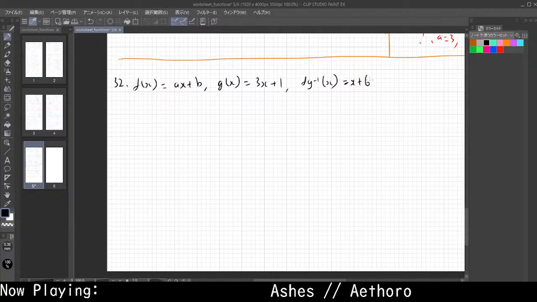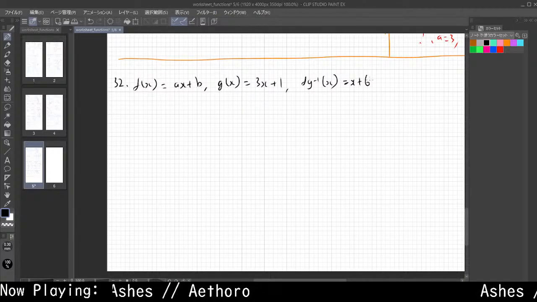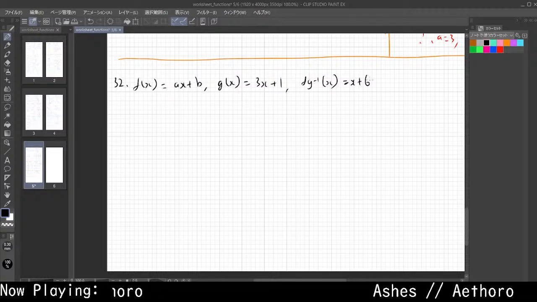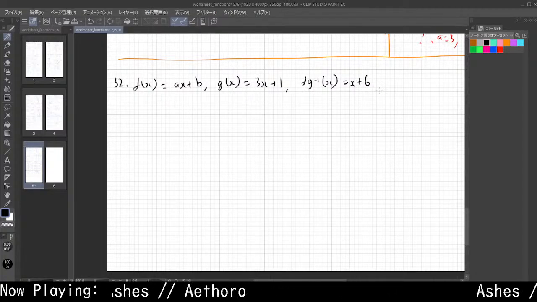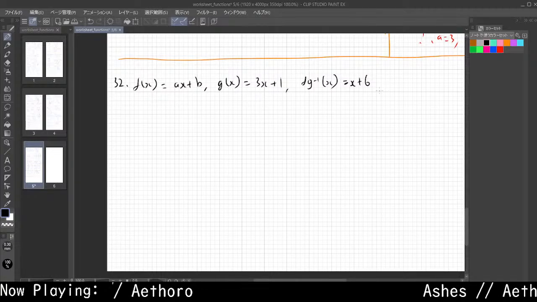I don't remember if I put this in paper 1, but paper 2. Anyway, find the values of a and b.